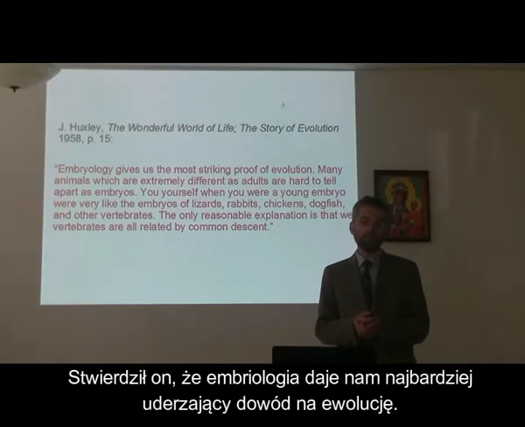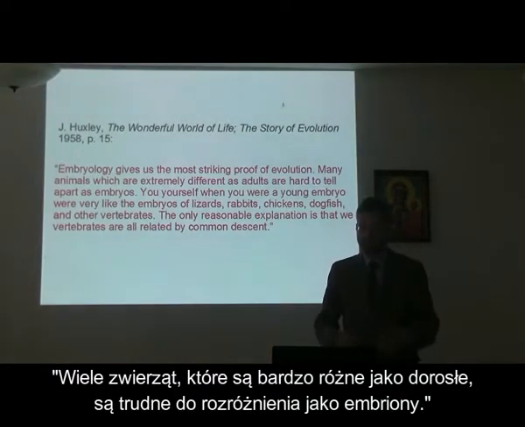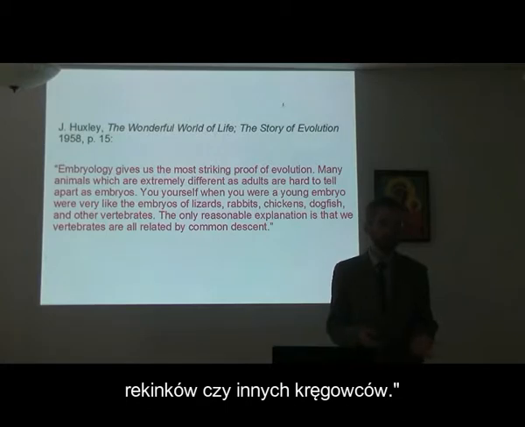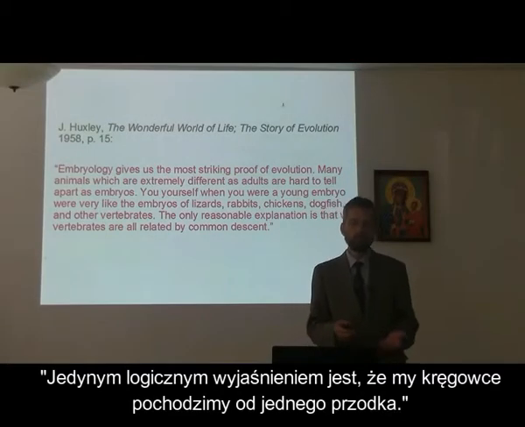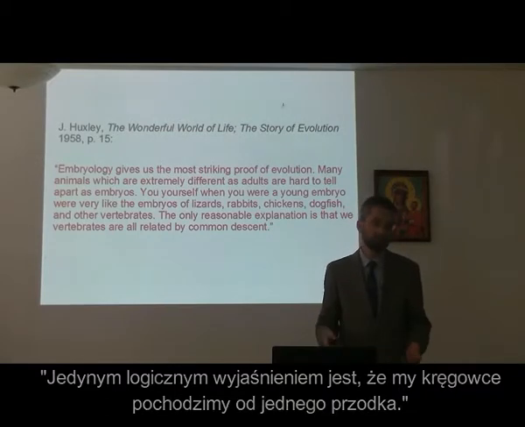And he says that embryology gives us the most striking proof of evolution. Many animals, which are extremely different as adults, are hard to tell apart as embryos. You yourself, when you were a young embryo, were very like the embryos of lizards, rabbits, chickens, dogfish, and other vertebrates. The only reasonable explanation is that we vertebrates are all related by common descent.